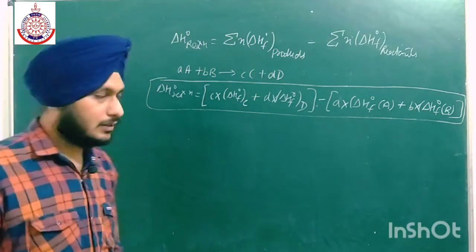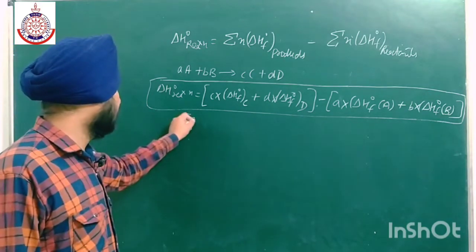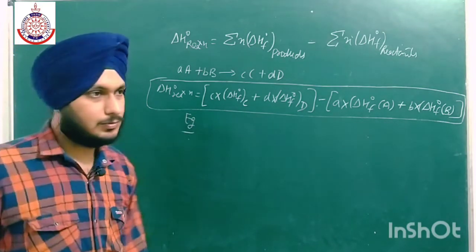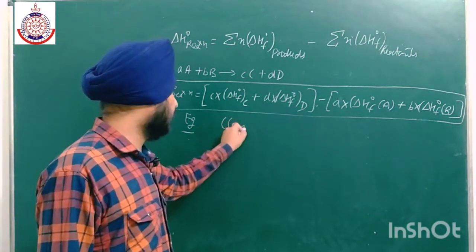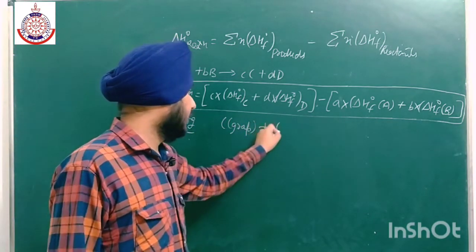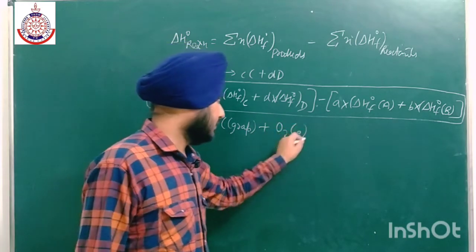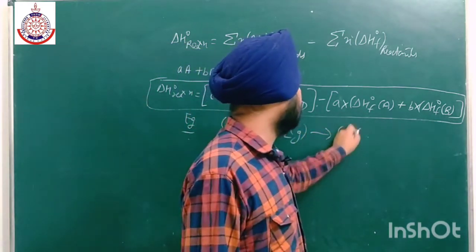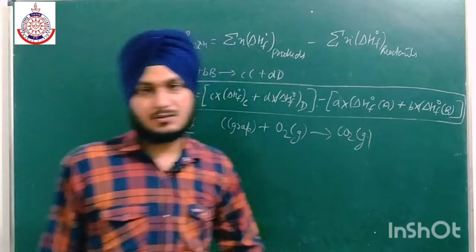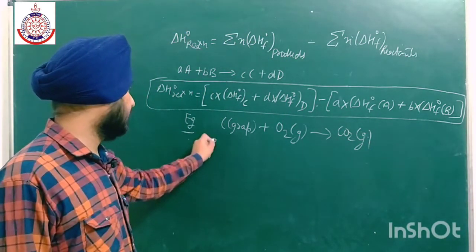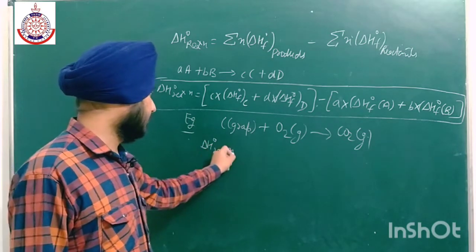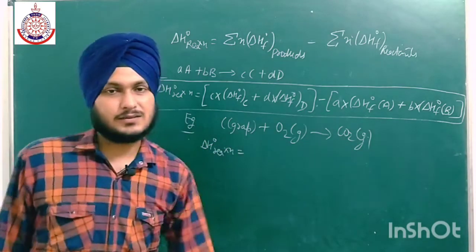For example, if we are forming CO2, we have to form it from graphite and oxygen in gaseous state, and we are getting CO2 in gaseous state. Then for this, delta H naught of reaction is, we have to take products first.